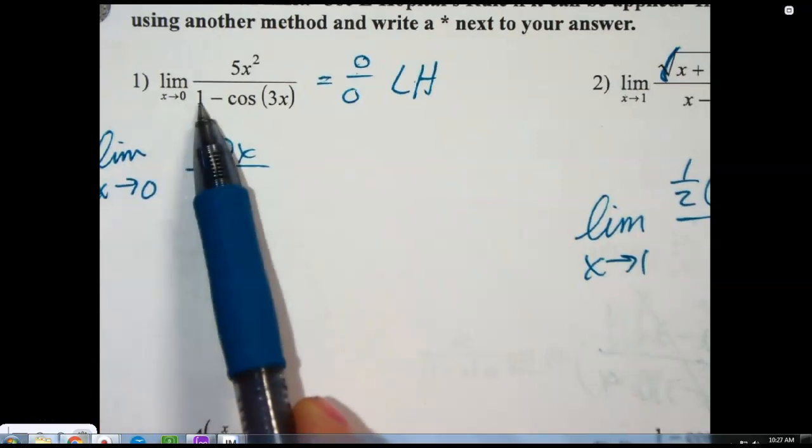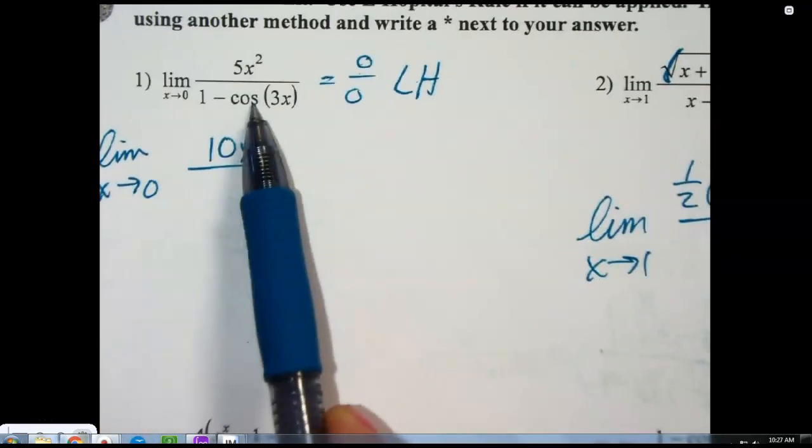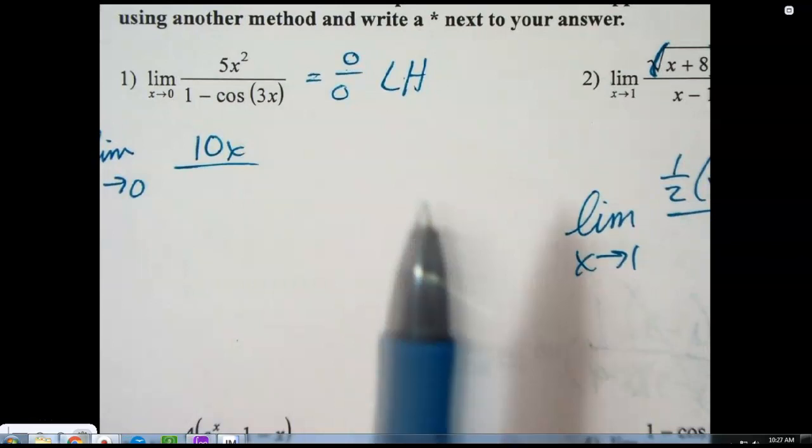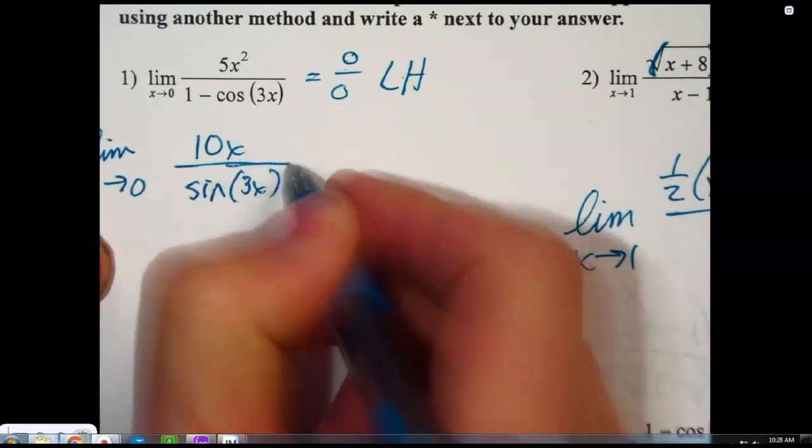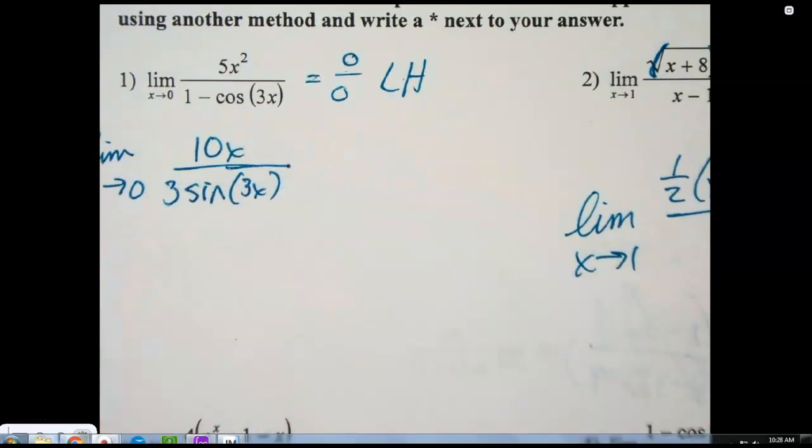So the derivative of 1 is 0. What's the derivative of negative cosine? Positive sine. Leave the little guy alone and then multiply by the derivative of the inside, right?